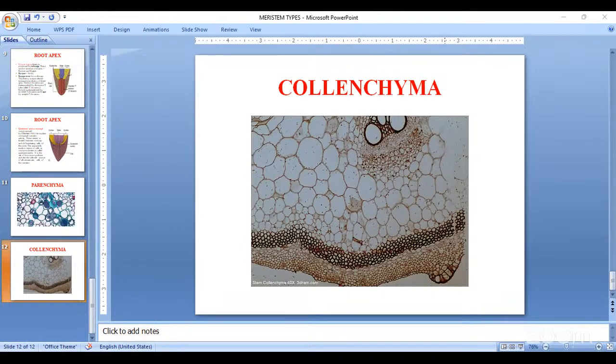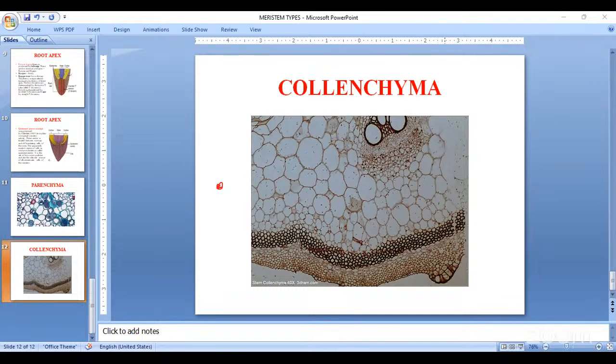First of all, let's see angular collenchyma. The name itself is angular. What is the meaning of angular? Angles. For example, these are the angles, the corners.